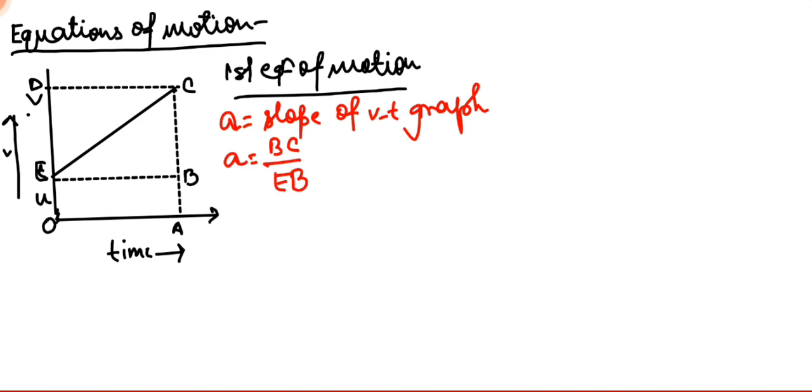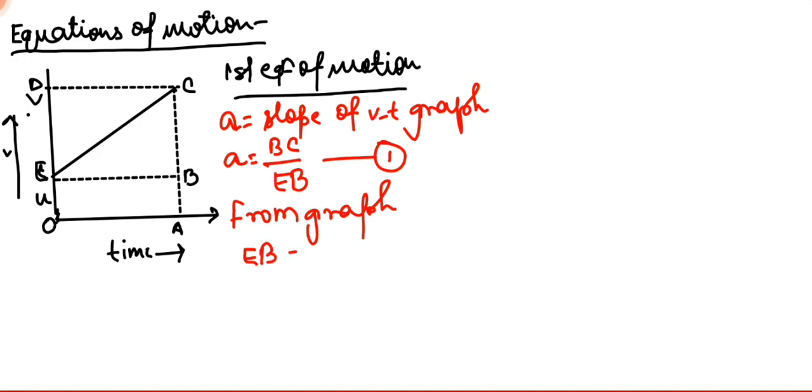And here from the graph we can clearly see that EB is equal to OA, and OA is nothing other than the time taken. So it can be written as time taken.